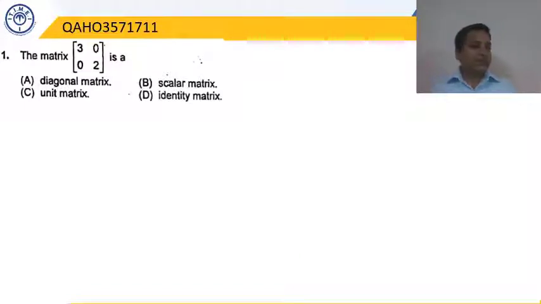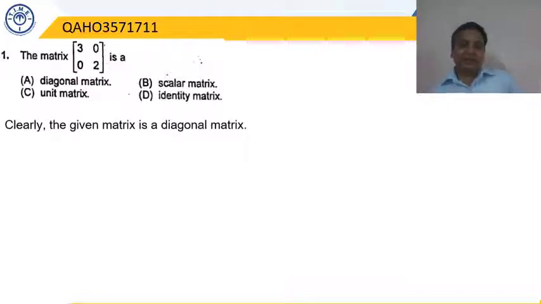So more precisely, one thing can be observed carefully, that elements are there only in the diagonal. So we can safely say that the given matrix is a diagonal matrix. That's for sure.